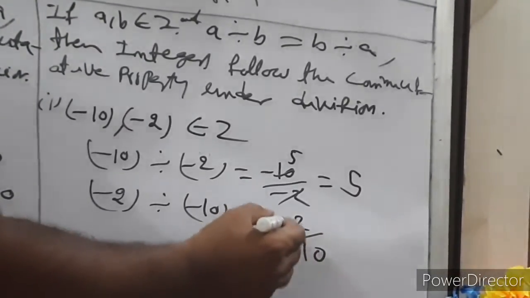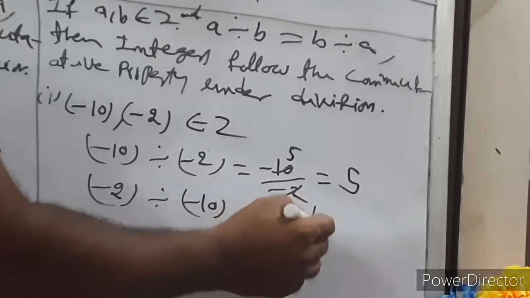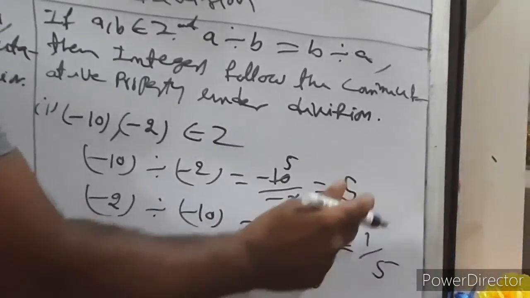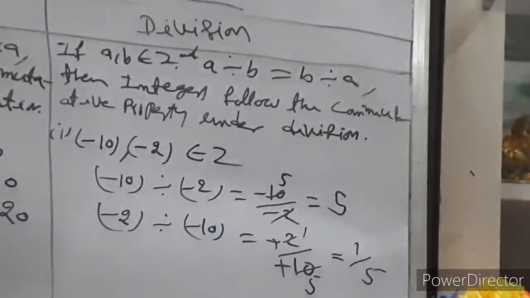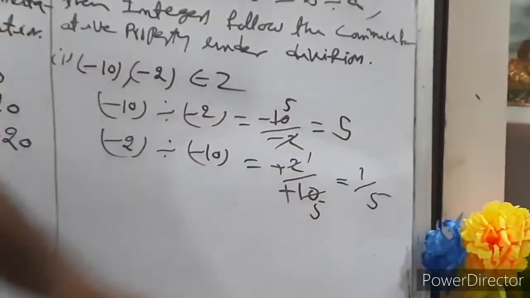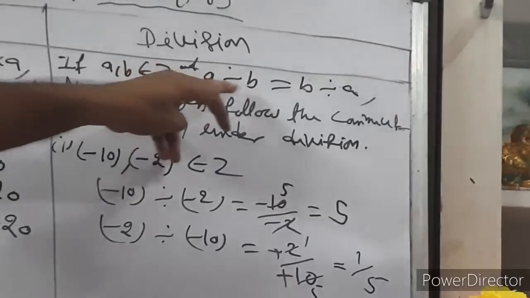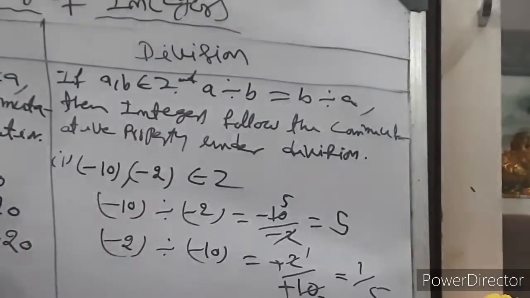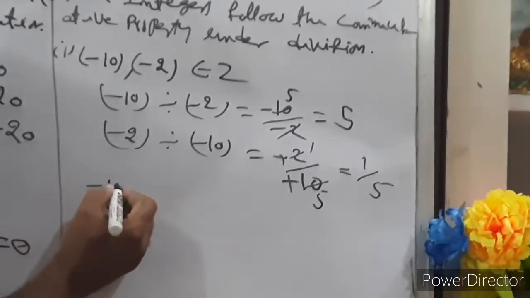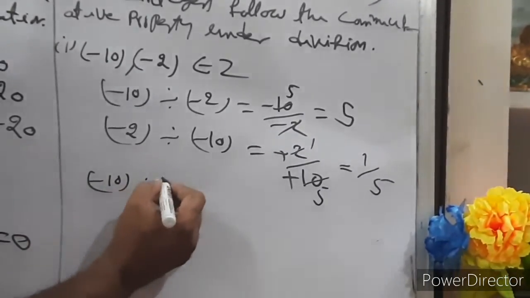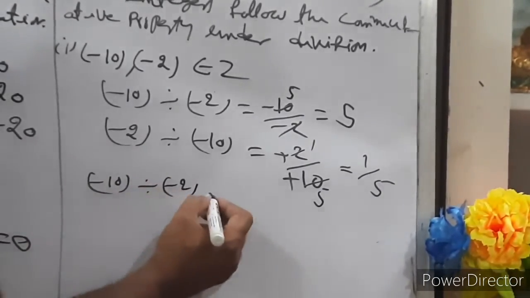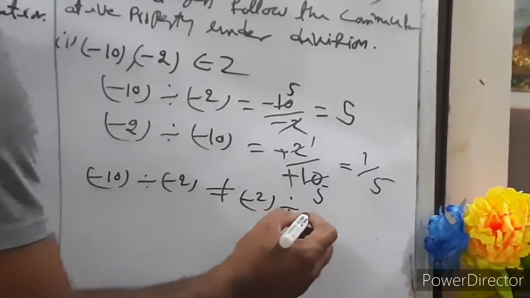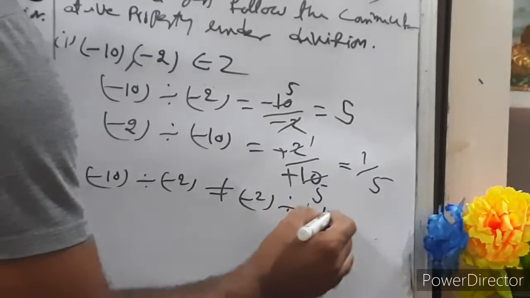Minus by minus is plus, so 2 ones are 2, 2 fives are 10, equal to 1 by 5. So are they equal? No, it is not. They are not equal. That means A divided by B is not equal to B divided by A. That means minus 10 divided by minus 2 is not equal to minus 2 divided by minus 10.